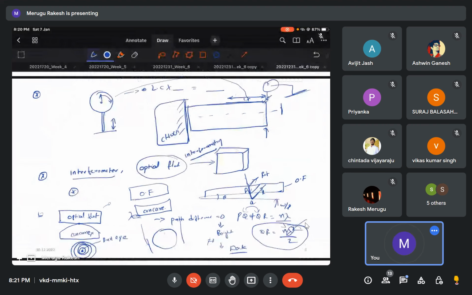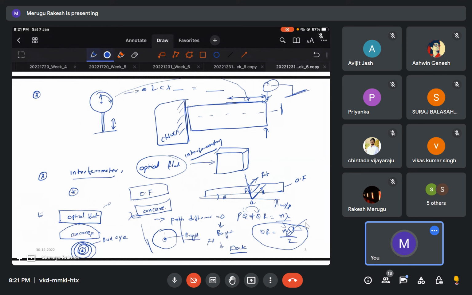Suppose I keep this optical flat on a concave surface, what type of pattern will I get? Can anyone guess? Circular with bright. What happens at the center? Bright or dark?